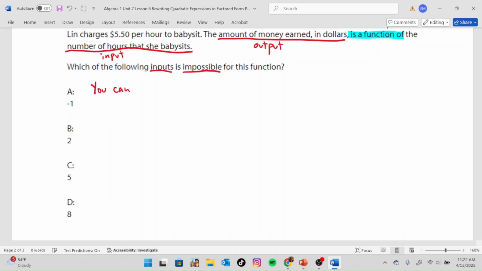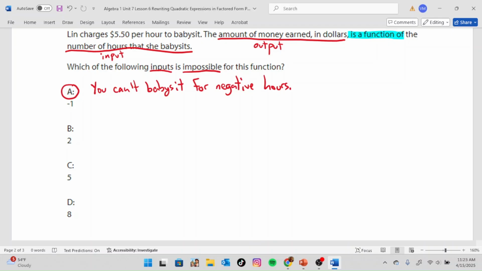You can't babysit for -1 hours. And that's what this one would be saying. This would be saying she's babysitting for -1 hours.